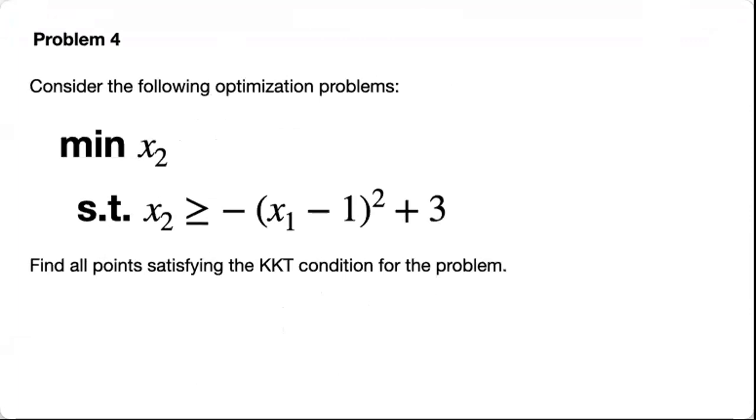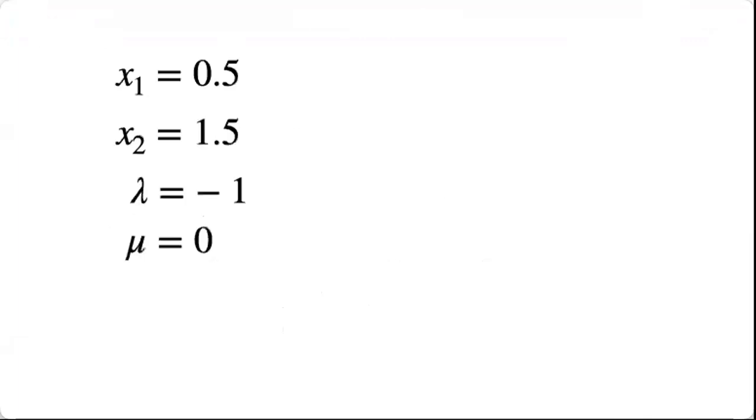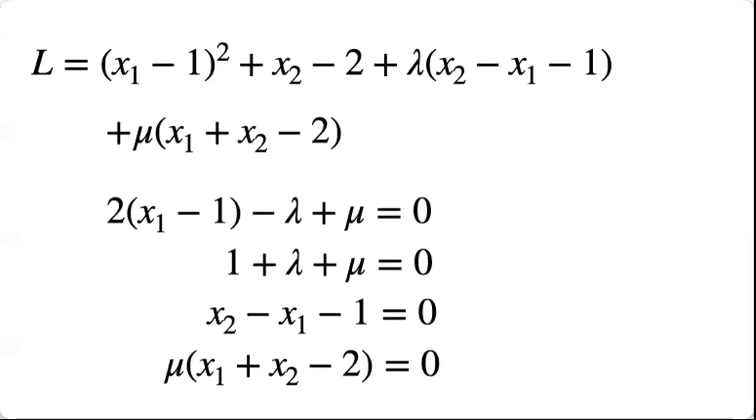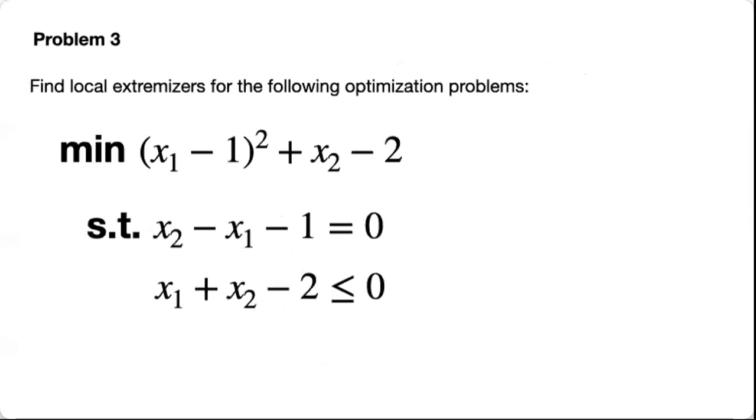Now we move to problem 4. A student asks: why can't we use direct substitution for problem 3, instead of making it a Lagrange function and then solving it by KKT?